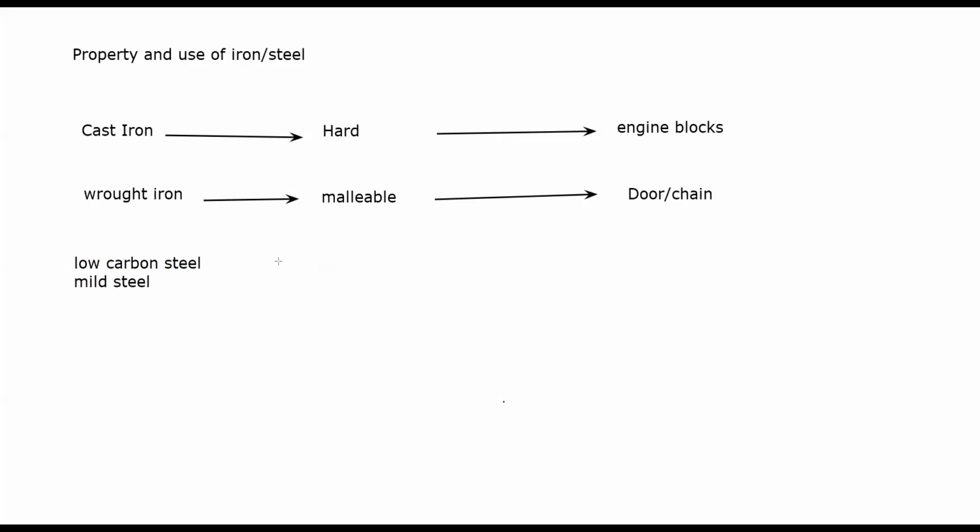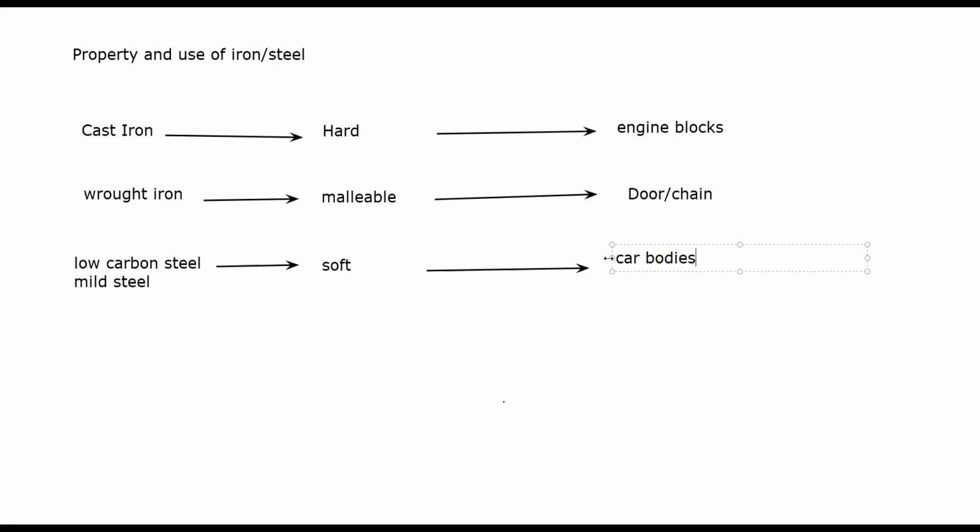So low carbon steel is relatively soft, and the car bodies are made up of low carbon steel, because the car bodies are designed to crumple as any accident happen.